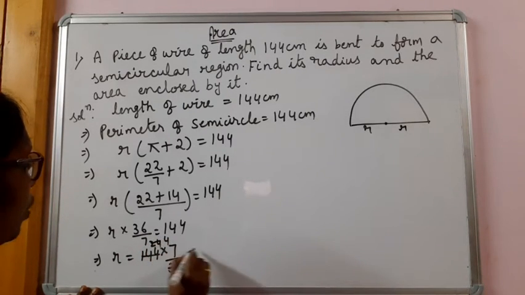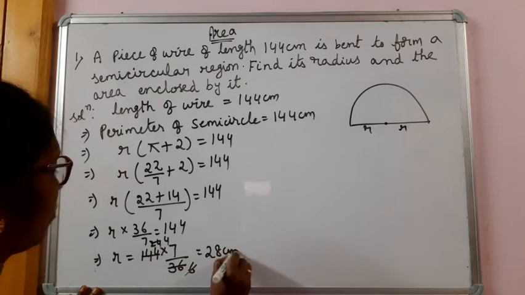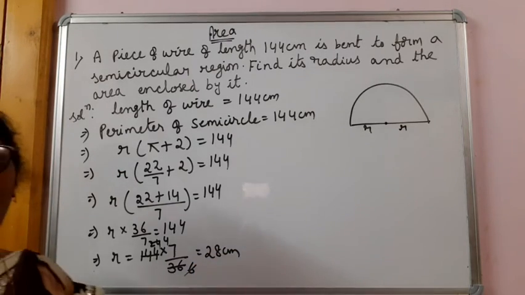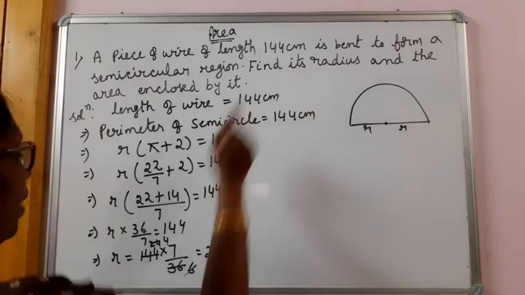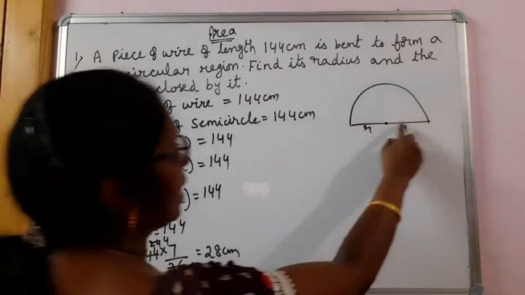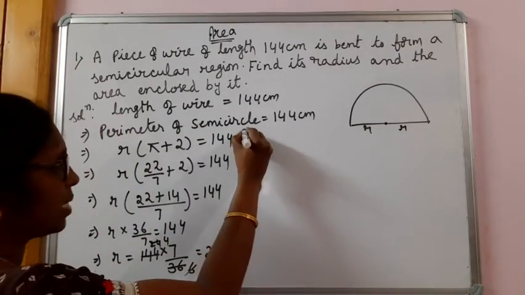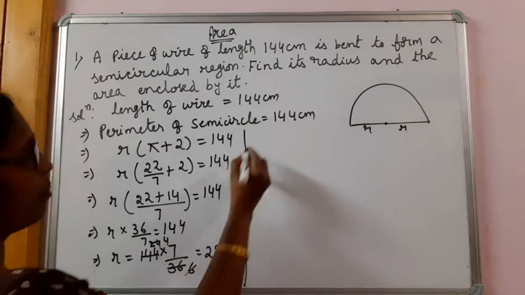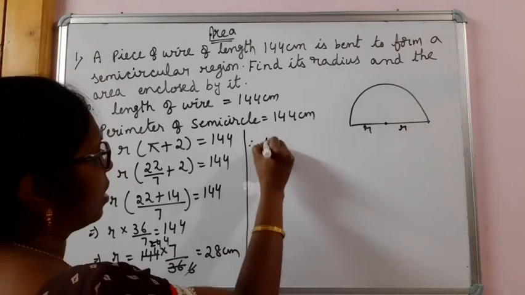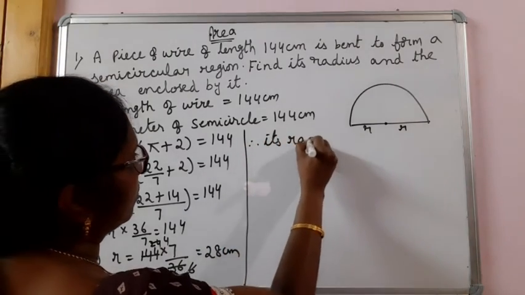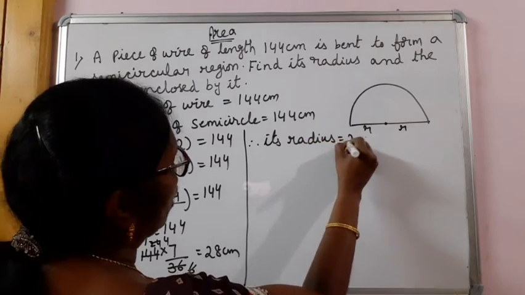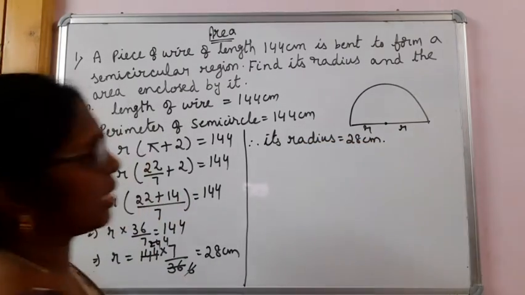So we get 28 cm. R is 28 means its radius is 28 cm. That means the radius of the semicircular region is 28 cm. That is what was asked. Therefore, its radius is equal to 28 cm.